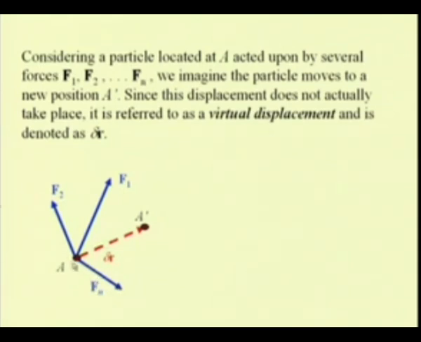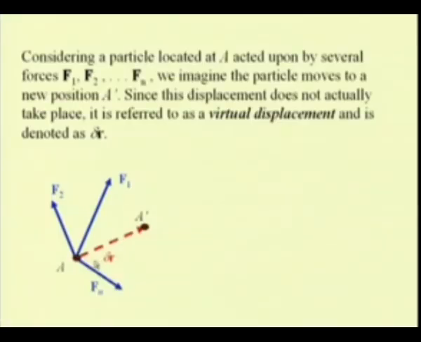N number of such forces are acting on this particle A, and now we imagine that this particle undergoes a displacement and moves to this new position A prime under the action of these forces. This is just an imagination, actually the displacement is not taking place. So, we are assuming that the particle is moving from this position A to A prime, which is virtual.